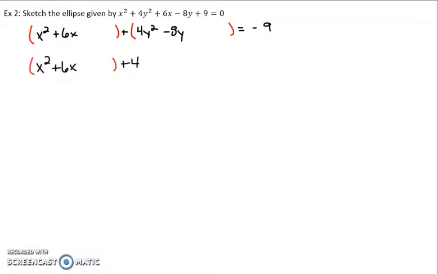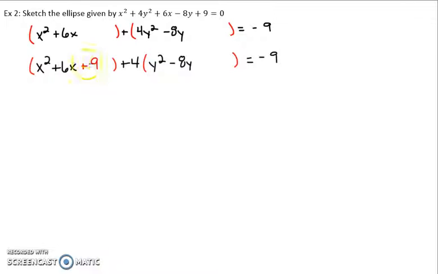And then we worry about completing the square here. We need to have our leading coefficient as 1, so we can say y squared minus 8y equals negative 9. What we need to think about is what number is going to complete the square, what number is going to go in here. We take the middle term, divide it by 2, so 6 divided by 2 is 3, and then we square it and add it here.